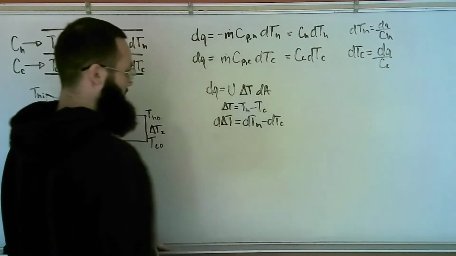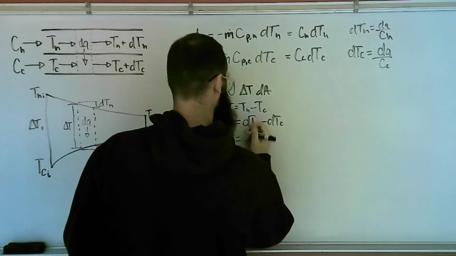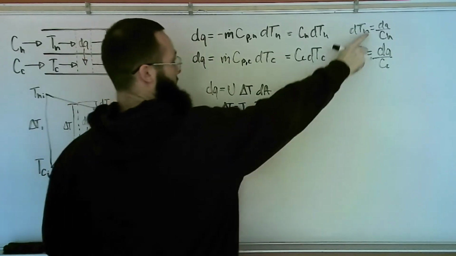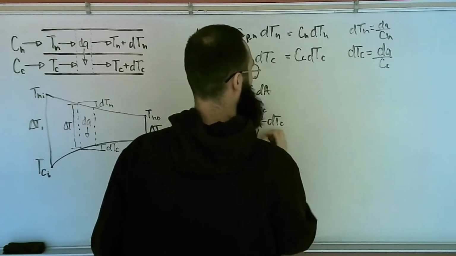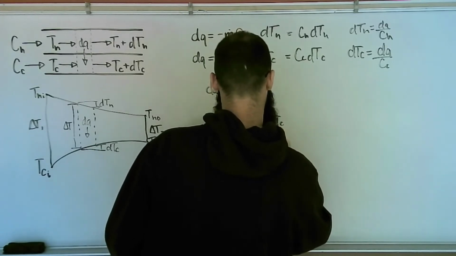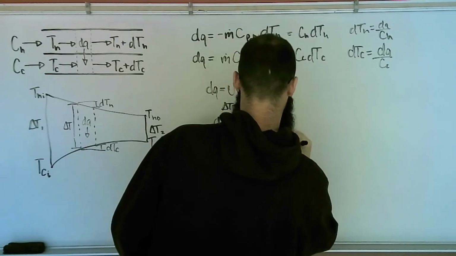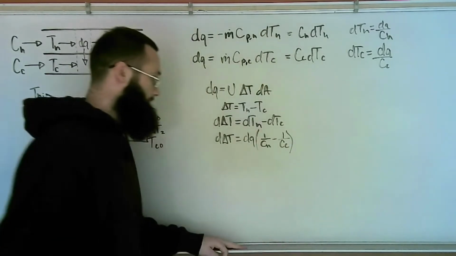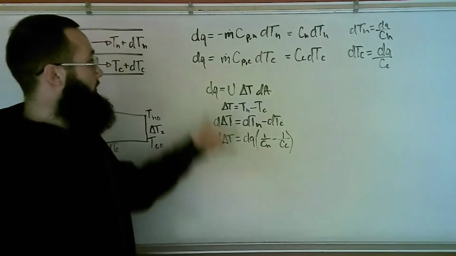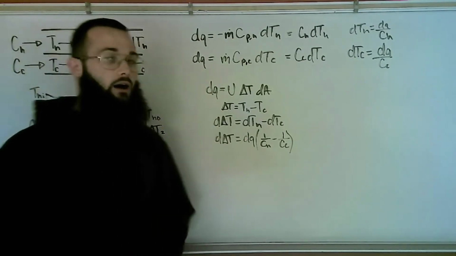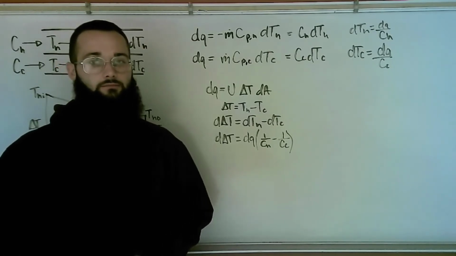So now we want to plug these in here. d delta T is going to be equal to, we're going to take out a dQ times 1 over CH minus 1 over CC. And so this is a formula that we're going to use to be able to combine two streams into one and convert them using some heat transfer coefficient.